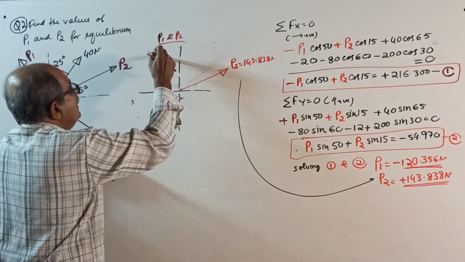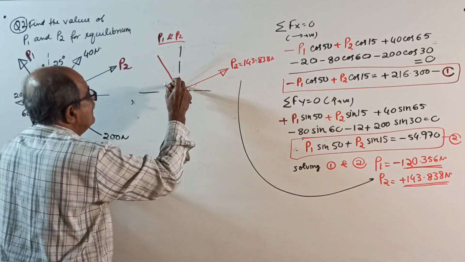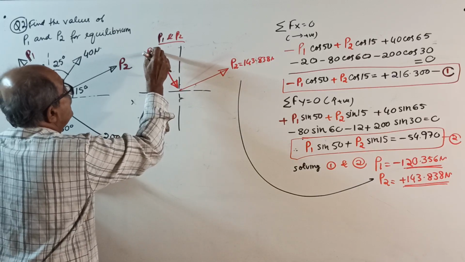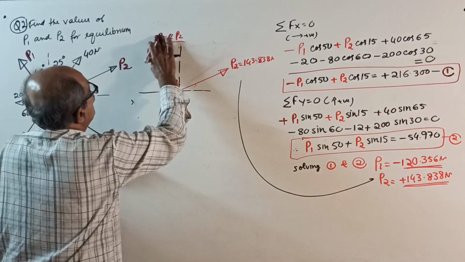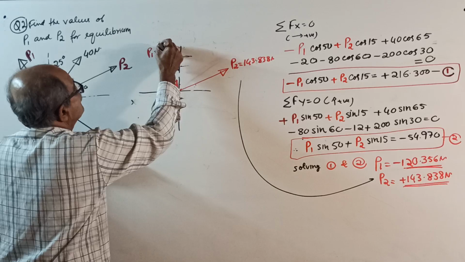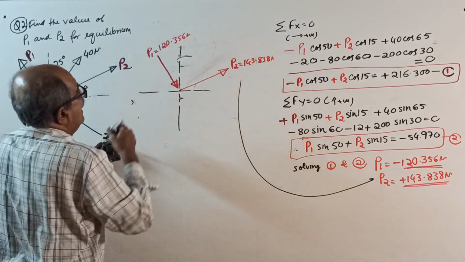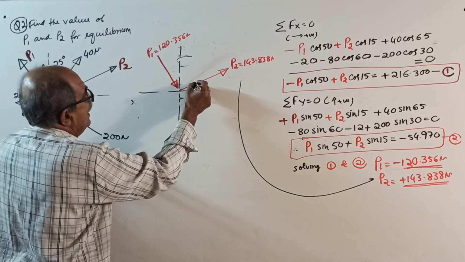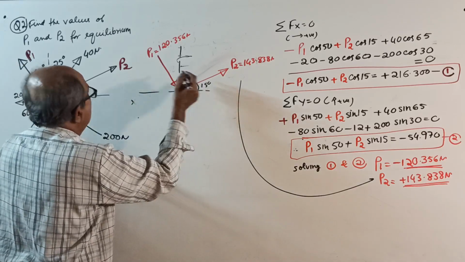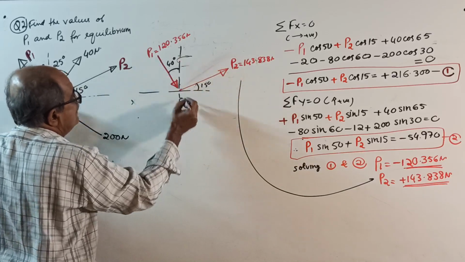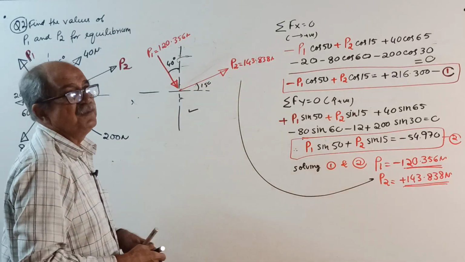See, P1 is like this. Opposite, P1. Now no negative. Now its value is 120, no minus sign now, 120.356 Newton. And this is the angle, as in the question, 15 degrees here. Now as per the question, this is making a 40-degree angle. This is the final. Make a note.